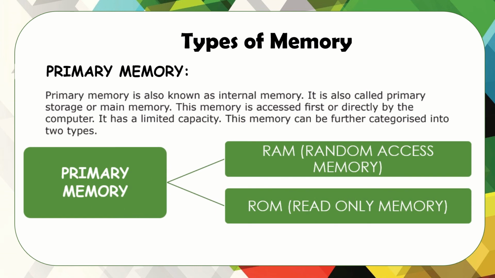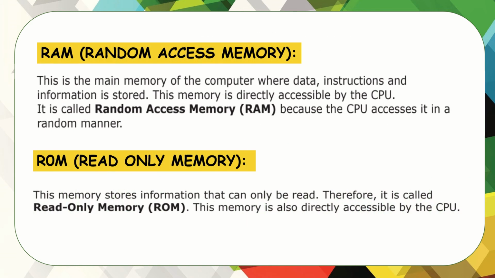So now we will see RAM and ROM. Primary memory is categorized into two types, one is RAM and the second one is ROM. The full form of RAM is random access memory, and the full form of ROM is read only memory. Got it? Now, random access memory.